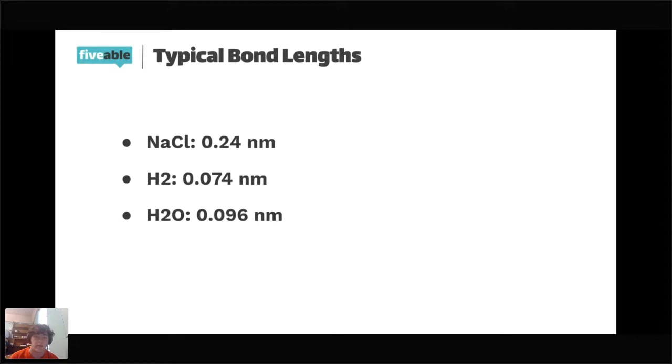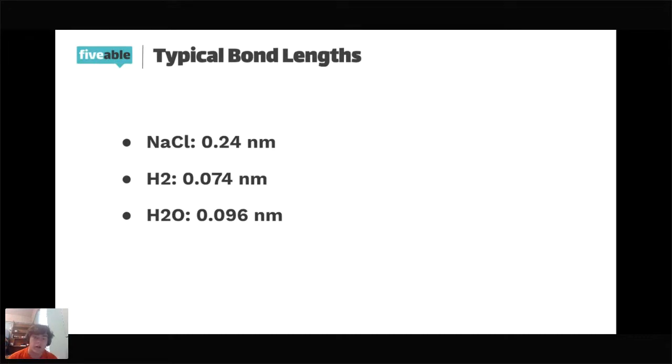Diatomic hydrogen, the bond between 2 hydrogen atoms. You're never going to see hydrogen bonded to another hydrogen outside of the diatomic hydrogen molecule. That has a bond length of 0.074 nanometers.